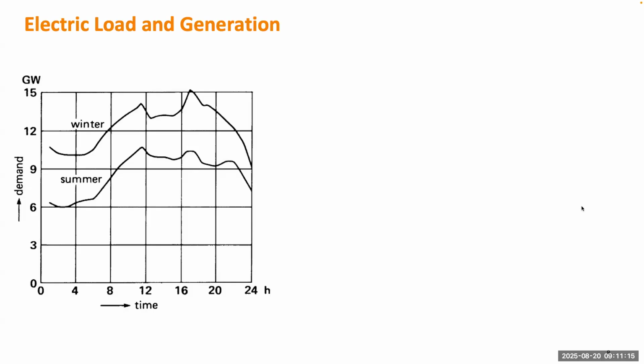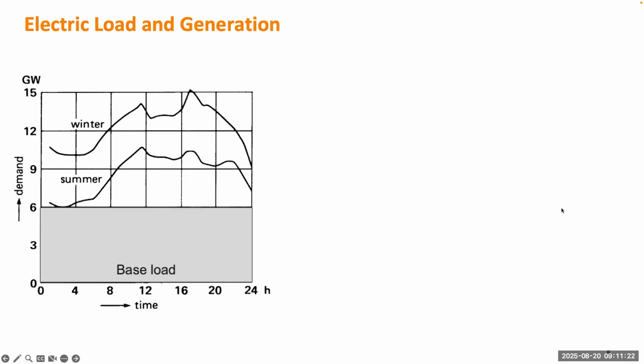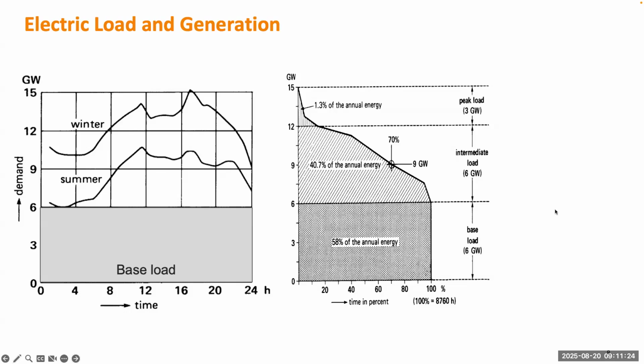On Monday, we talked about the load curve of a typical day in summer or winter. And we introduced the concept of base load, which is the minimal load the system will always have.